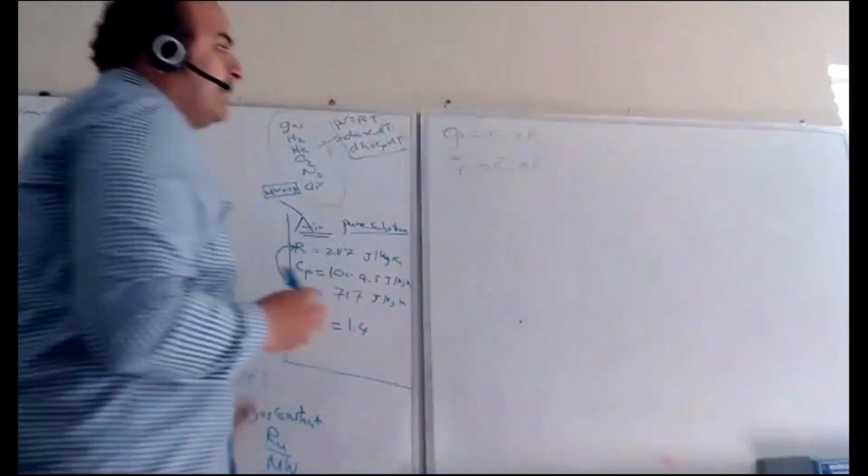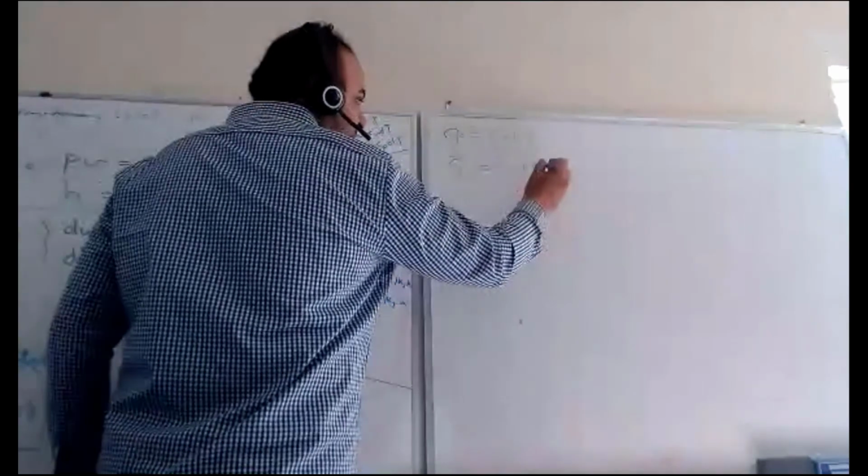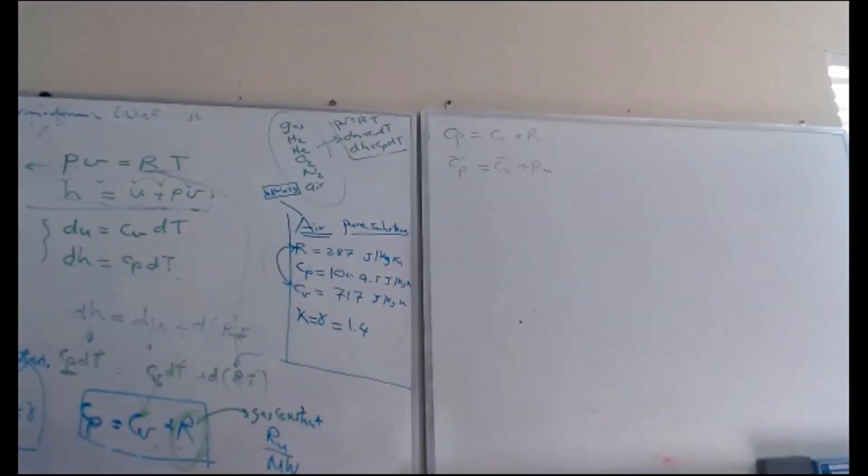The first one is per kilogram, the second one per kilomole. This is R universal. Sometimes you use R bar or RU. So Cp bar equals Cv bar plus R universal. They are the same. If we divide by molecular weight, we get the second equation from the first equation.